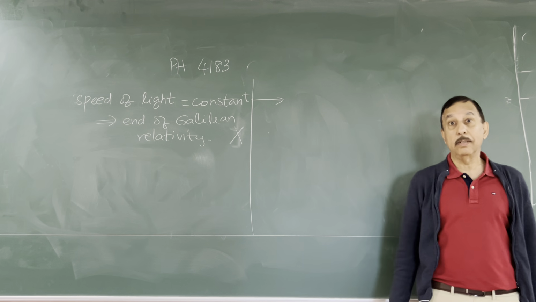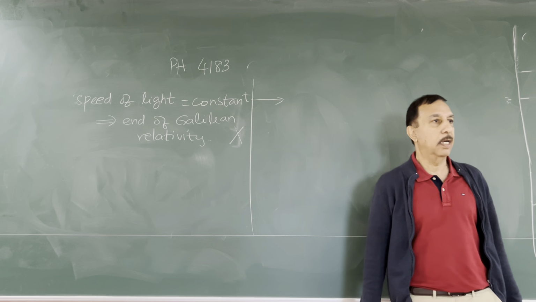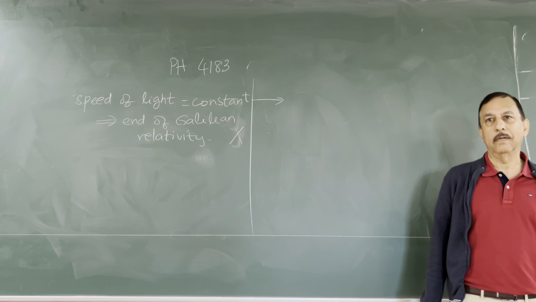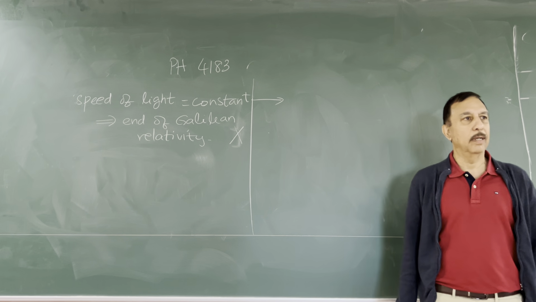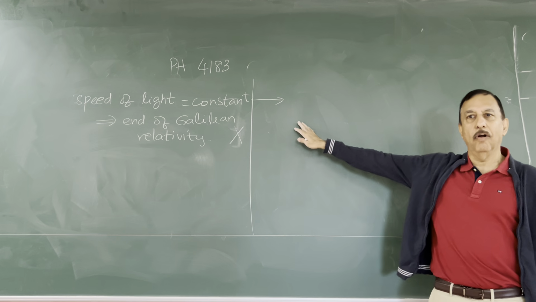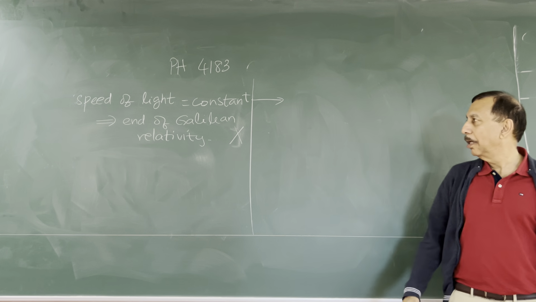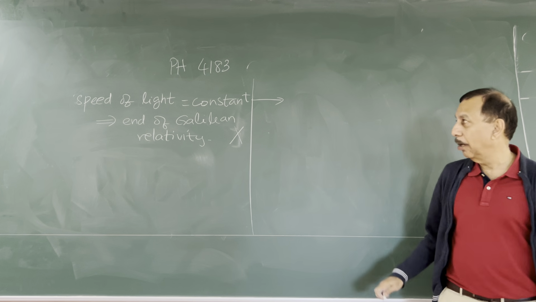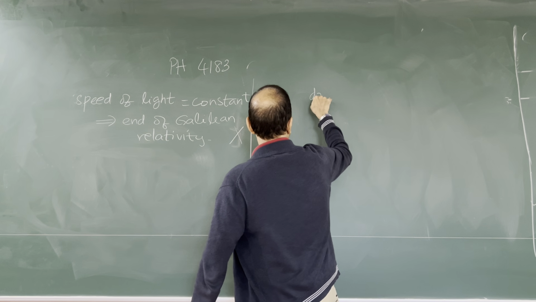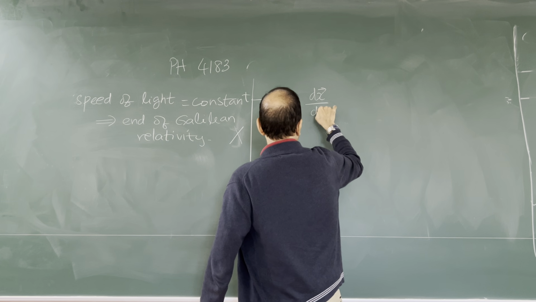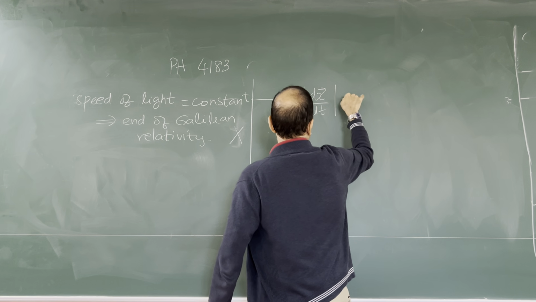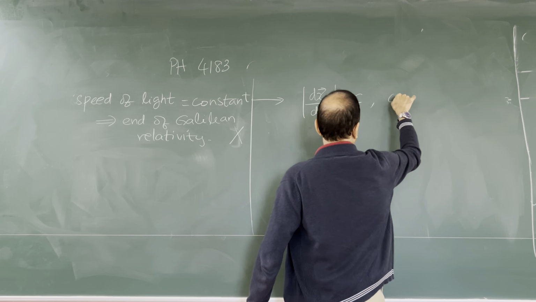Actually, Maxwell's equations also give a way to find out what's right, but it's a slightly more complicated way because it involves electric and magnetic fields. This doesn't involve any fields, it just involves position and time. So let's do this. What does this tell us? This says that dx by dt is equal to c, which is constant.